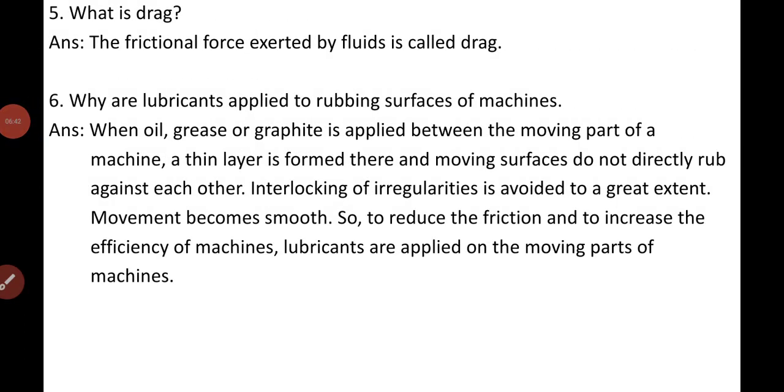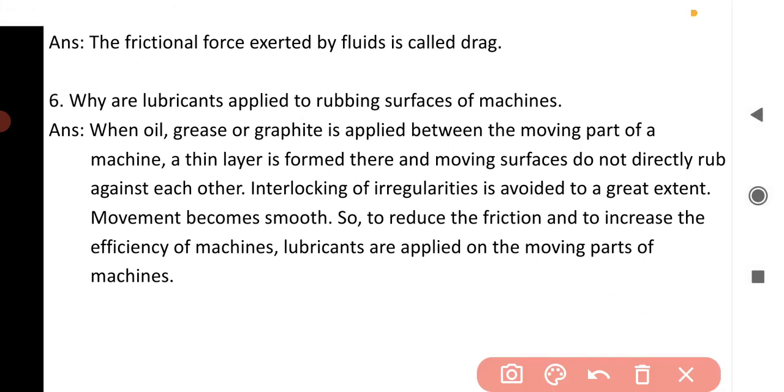Okay, next question. What is drag? The frictional force exerted by fluids is called drag. Fluids are what? Again I am repeating it for you.